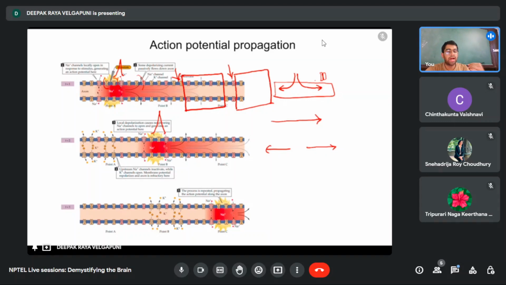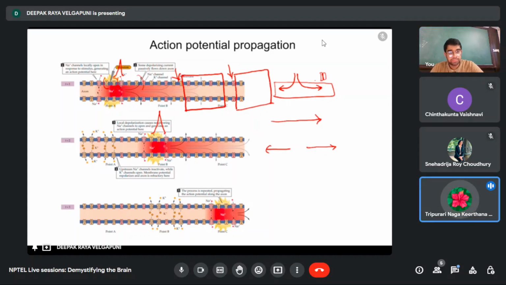That way the conduction velocity also increases, and since this is insulated, there is no movement of ions across this myelin sheath, and it just jumps. This is called saltatory conduction that we saw last time, and the propagation speed improves when you have myelination in place.